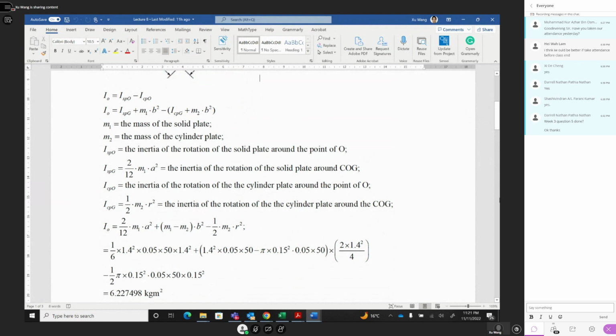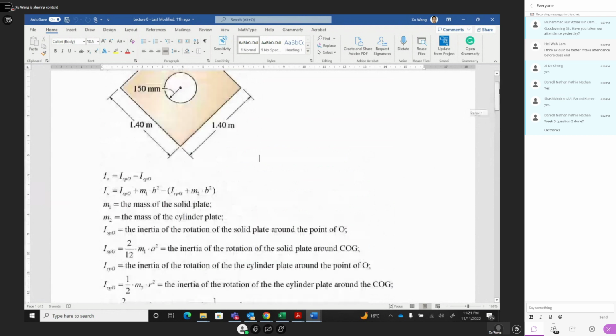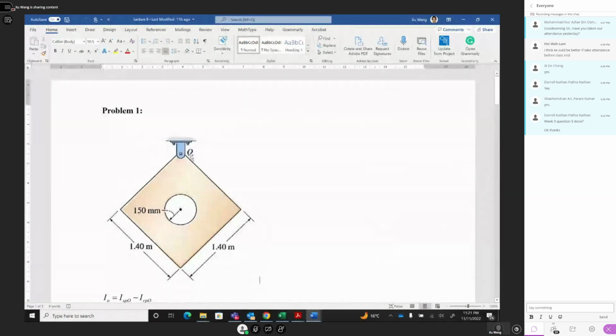And this b square. How can you calculate b square? B is the distance from this point to this point, and it is very simple. It equals 1.4 divided by square root 2, cosine 45 degree. So square root 2 multiplied by this equals this, divided by 2, you get b.